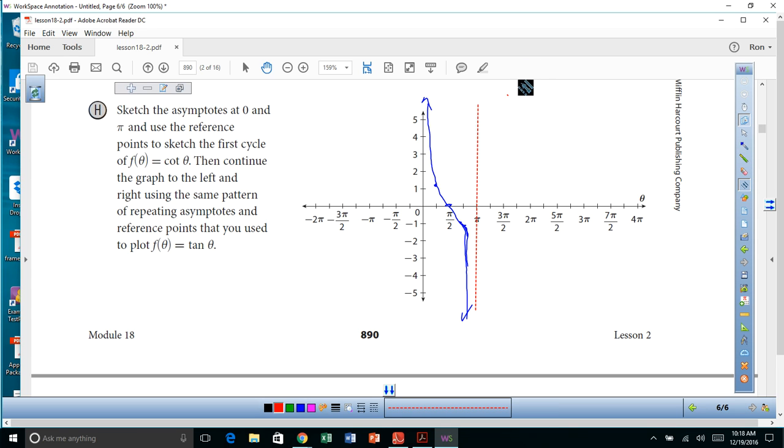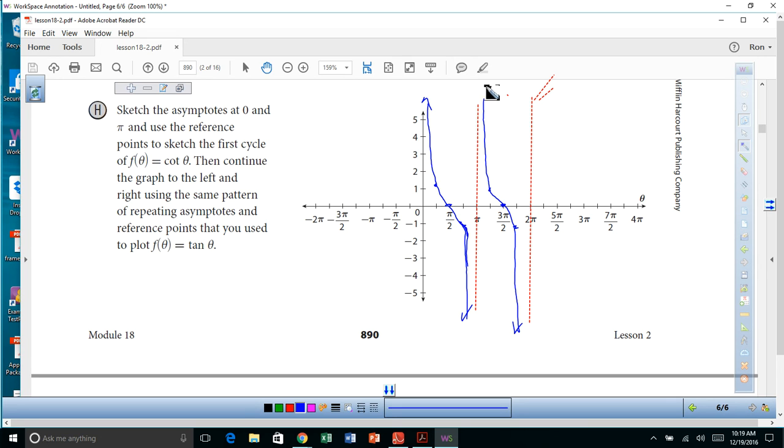All right. And then the next one over, it'll go from pi to 2 pi. We'll have a reference angle. This is pi over 4, so this is going to be 5 pi over 4. This is pi over 2, so add pi to that, and you're going to have 3 pi over 2. This is 3/4 pi. Add pi to that, and you're going to have 7/4 pi.